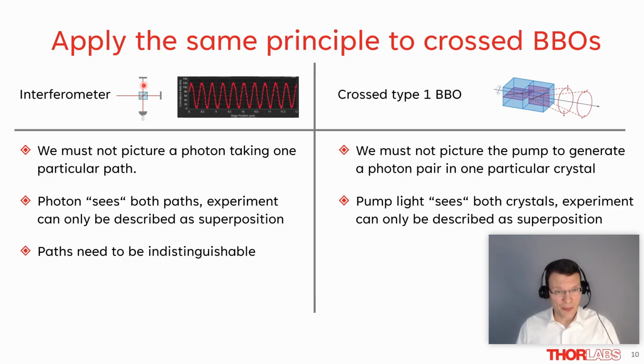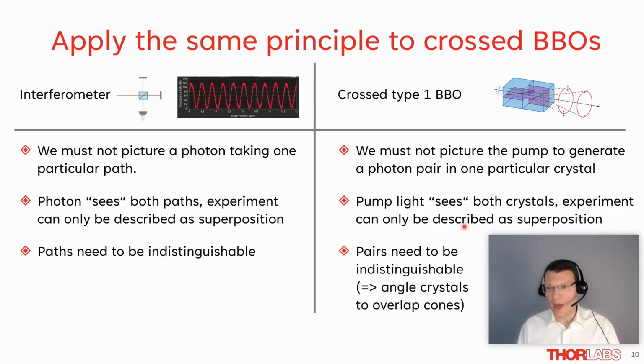Crucially, the paths here need to be indistinguishable, right? So if I do anything that makes these paths distinguishable in the interferometer, then my interference breaks down. Similarly, the pairs coming from the crystals need to be indistinguishable.